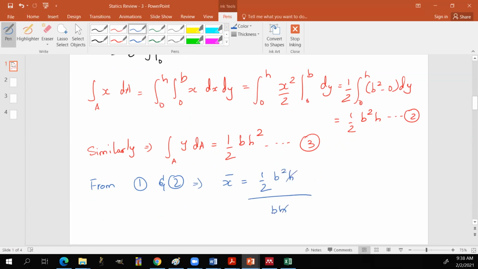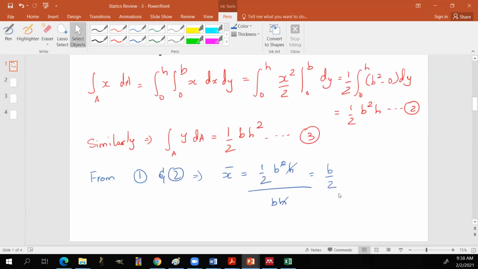So h cancels out, b cancels out, so you get half b. And then similarly, you get that y is equal to half times h squared b over bh. So there h cancels out, b cancels out, so you're left with h over 2, right?